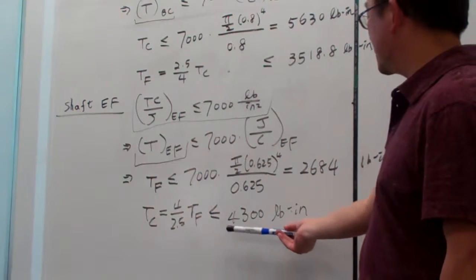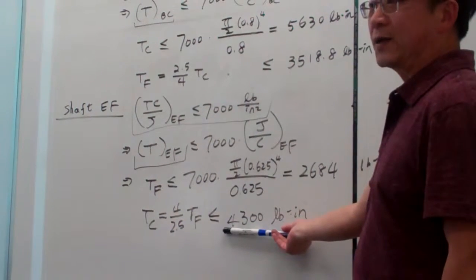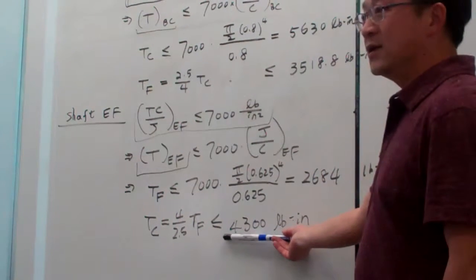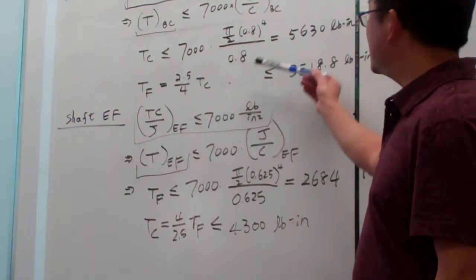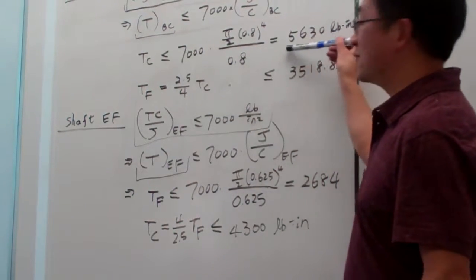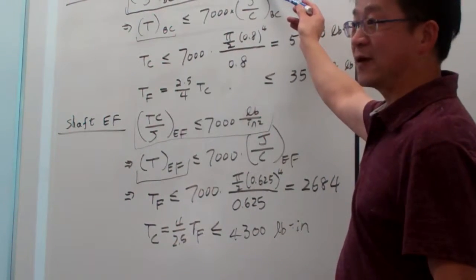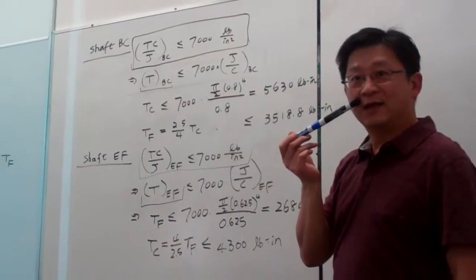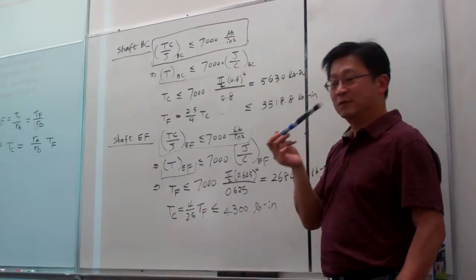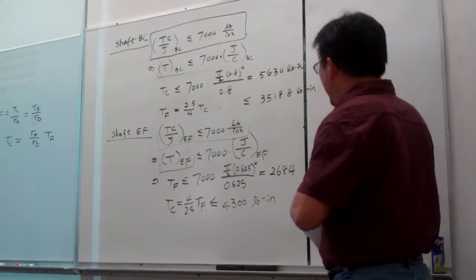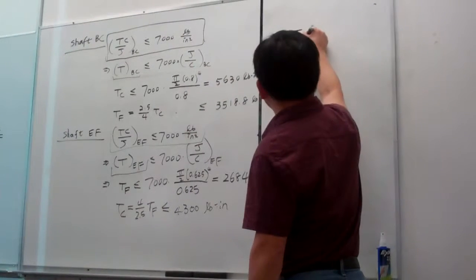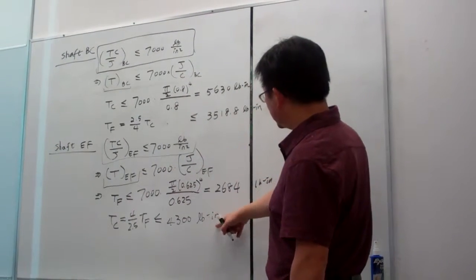The second option, TC less than this number. So which one? If we choose TC as 4,300, then this will make this range satisfied, which means this will satisfy. Are we okay? Anyone have any other questions? So in this case, we have to choose to make both criteria satisfied. So that means the TC must be less than this number.